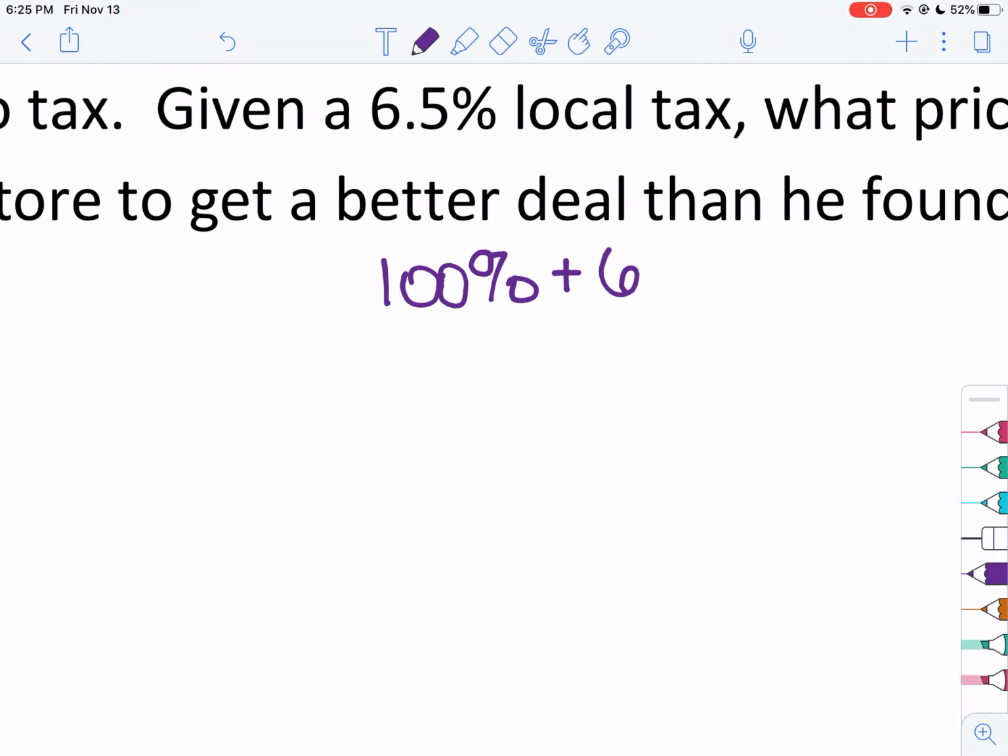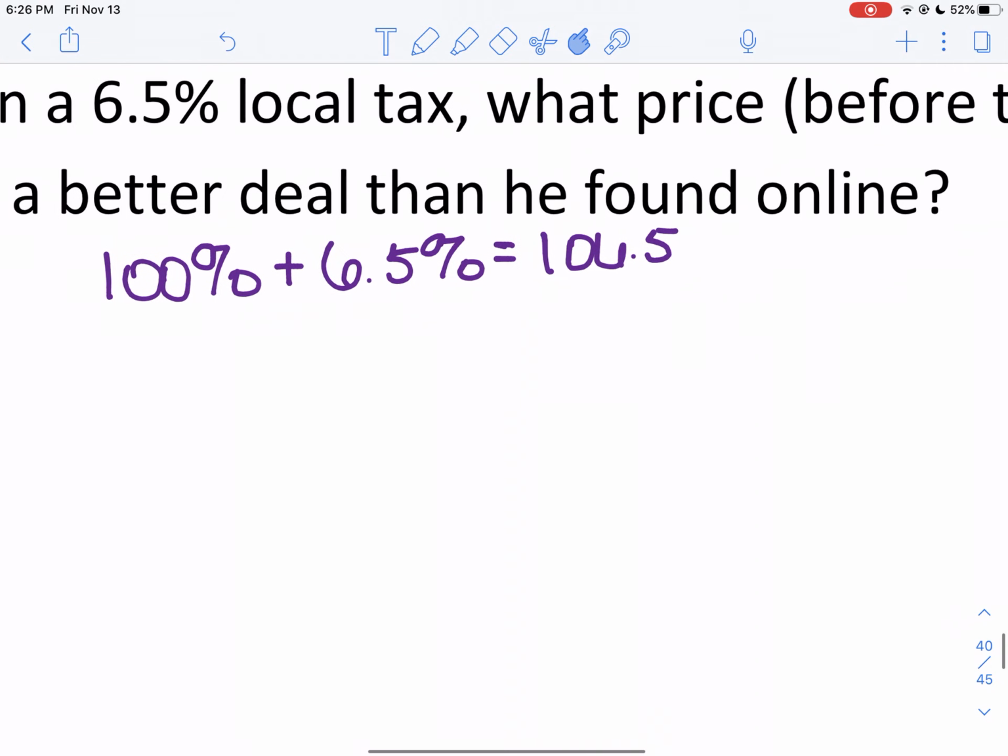Plus he would have to do 6.5% more for tax. So he was going to be paying 106.5% of the price of the book.